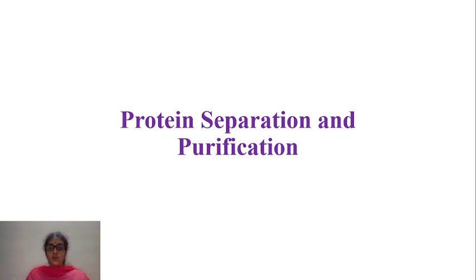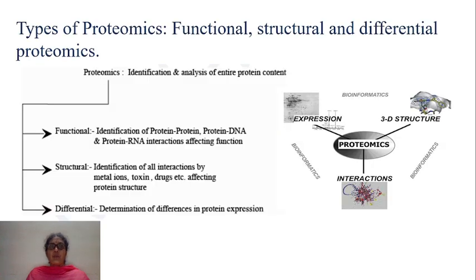In continuation of the proteomics function, the next topic is protein separation and purification in proteome analysis. Types of proteomics: there is functional proteomics, structural proteomics and differential proteomics. Proteomics is mainly involved in the identification and analysis of the entire protein content.